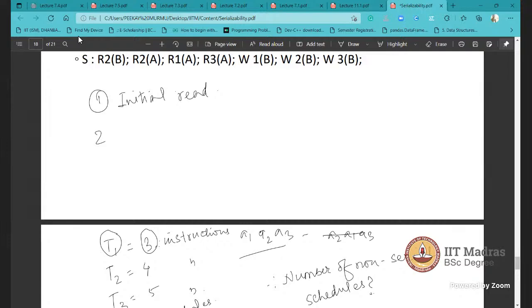You can draw the precedence graph also. Yes sir, we can go for a precedence graph. In the precedence graph, we draw directed edges for dependencies when a transaction asks for a data item which is conflicting and which is accessed by another transaction.